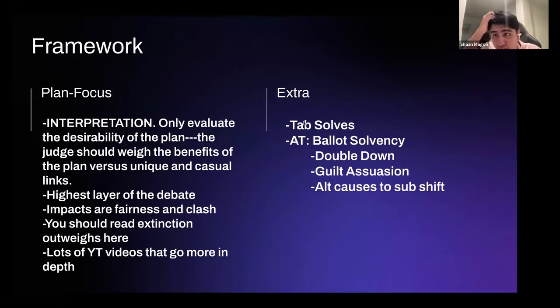Just some extra arguments that you can go for. First is that tab solves. So if we really did something that colonialist or racist, you should call a tab room and get them to intervene. The benefits of this are, one, false positives. They could just go up and call a bunch of novices racists, and they will not know how to defend themselves, which means that they falsely get equated as such, just because they couldn't technically debate out of it.